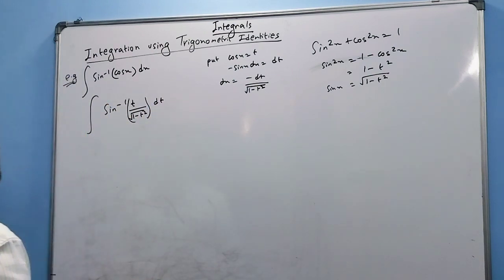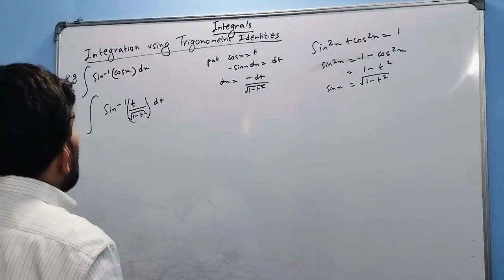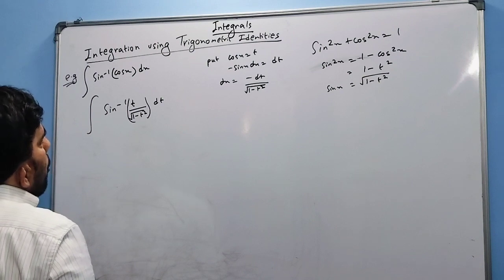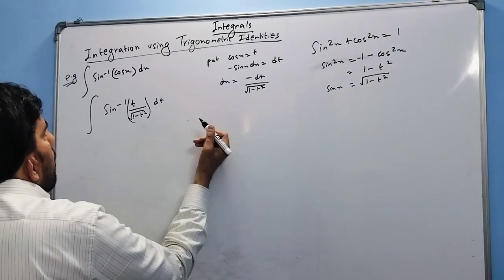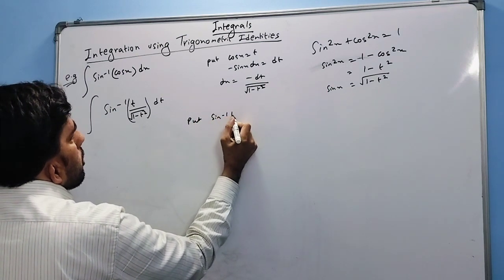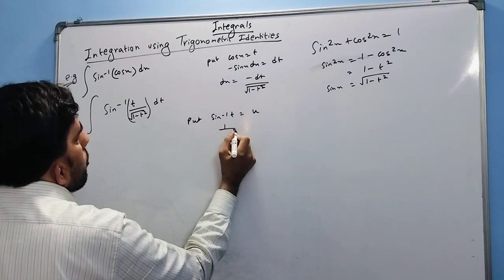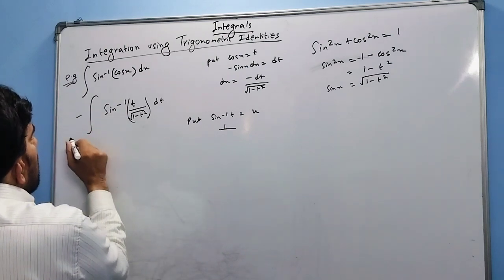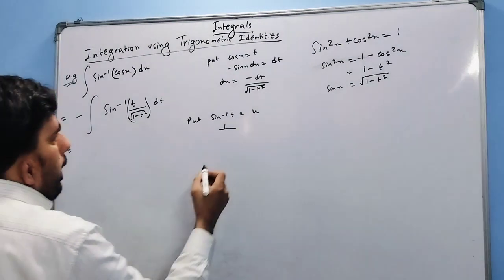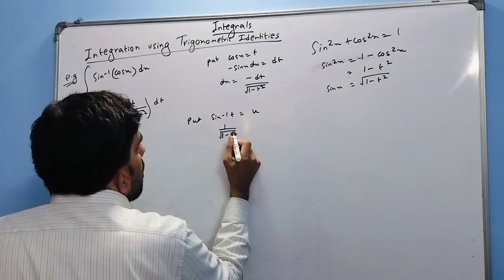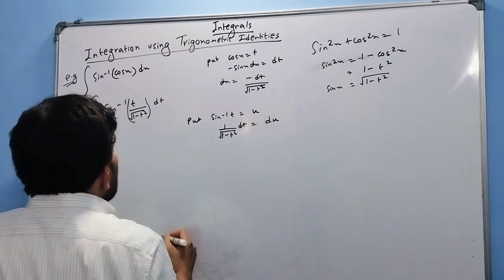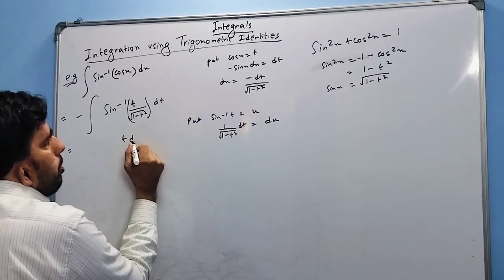Okay, so now I have taken this. Now put sin inverse t is equal to u, so I will take the minus sign outside. Now sin inverse t is equal to u, so I can put dt upon square root of 1 minus t square is equal to du. So it will be u into du.